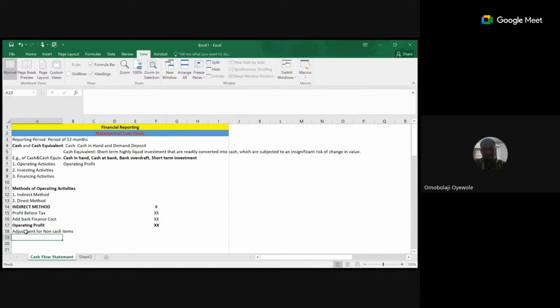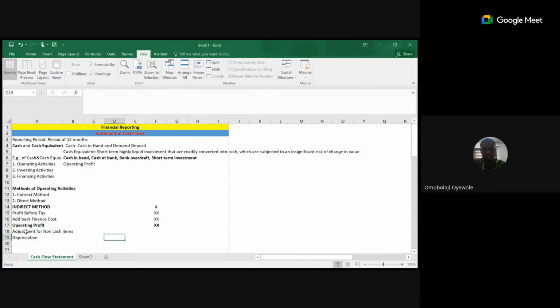So making adjustment for those non-cash items will help us to take our profit back to the original state. One of those items that are non-cash in nature that we will take into consideration is depreciation.